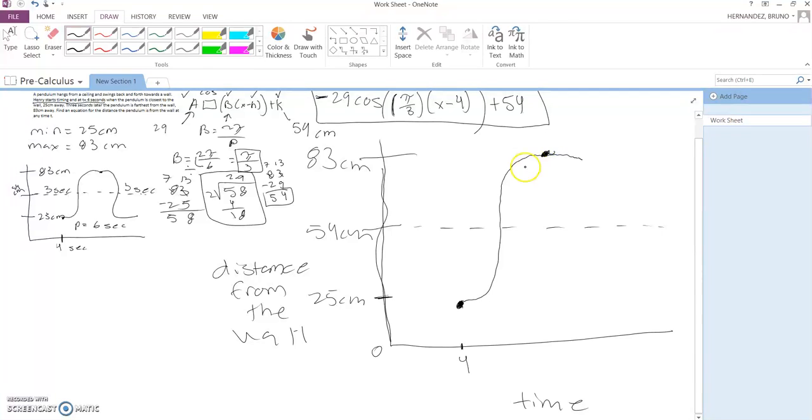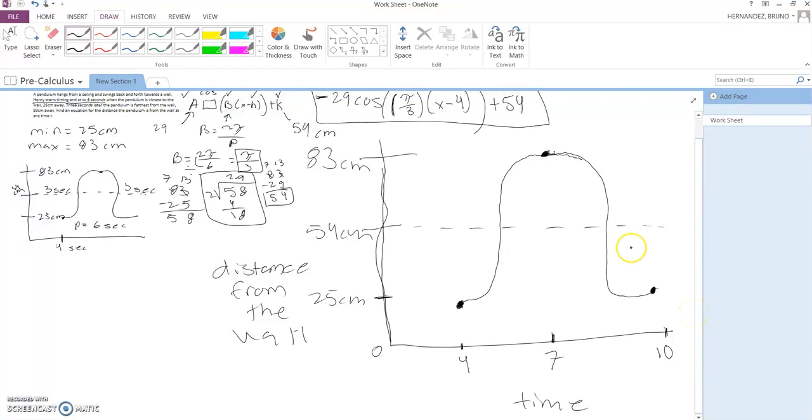This has taken 3 seconds, and now we are going down again and doing another 3 seconds, which completes our period. So the max point is at 7, since 4 plus 3 is 7, and then 7 plus 3 is 10.